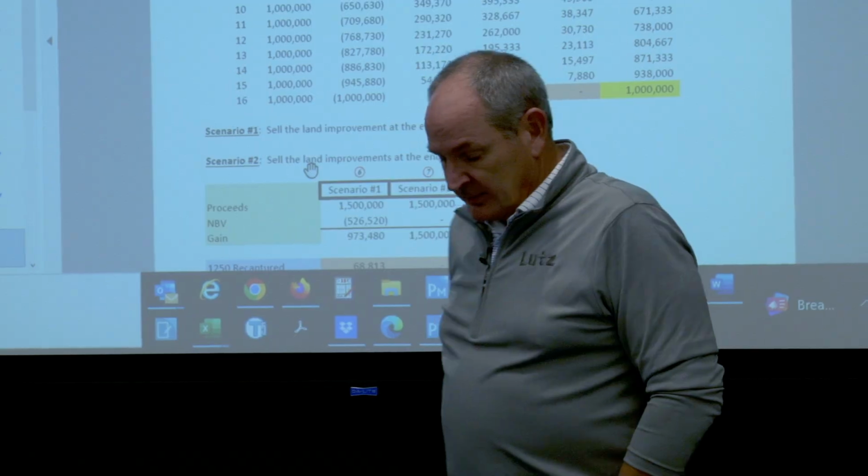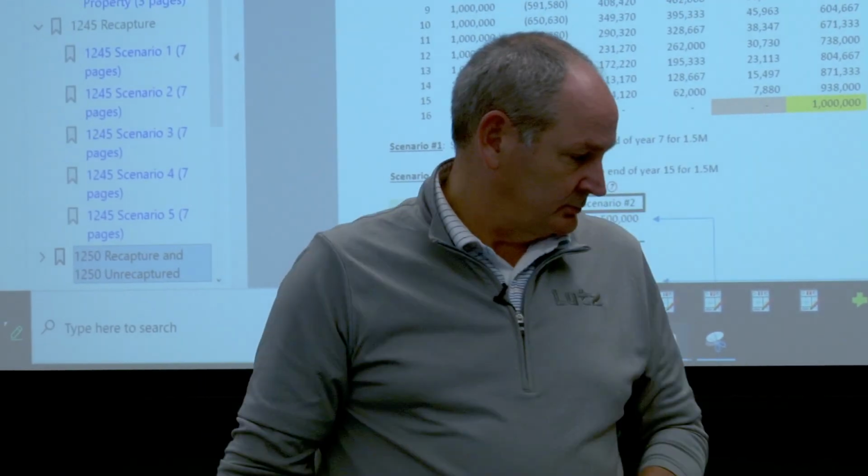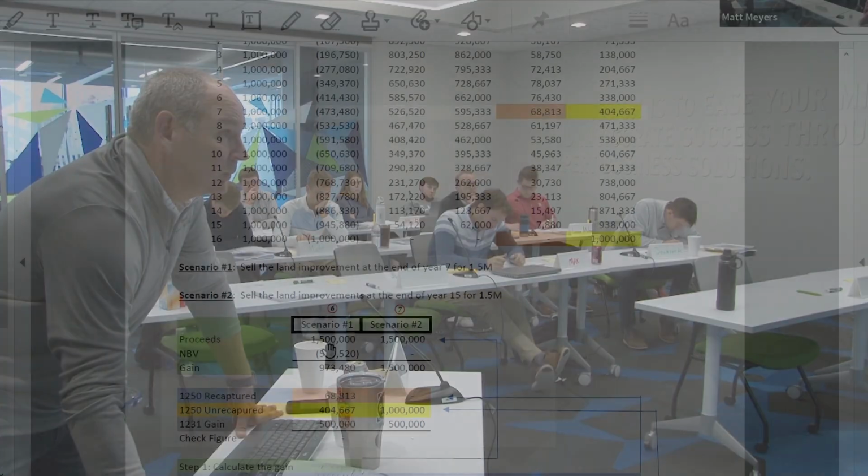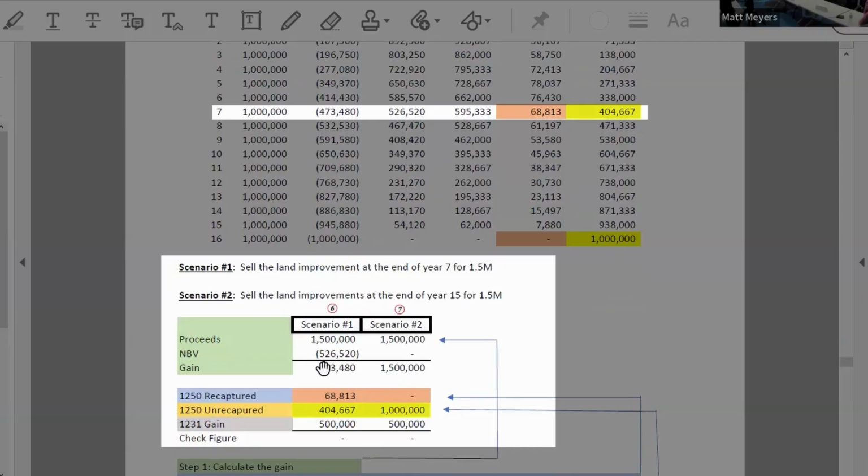Okay, so if we sell this building in scenario 1 at year 7, we have $1.5 million of proceeds. We have $526 of net book value, correct?